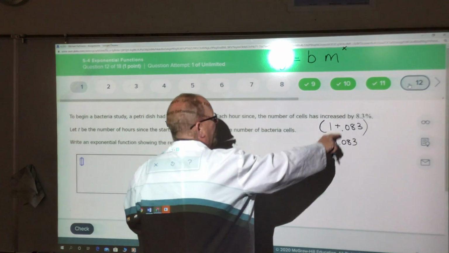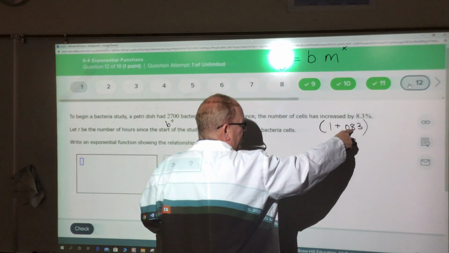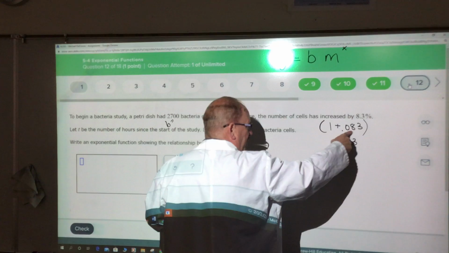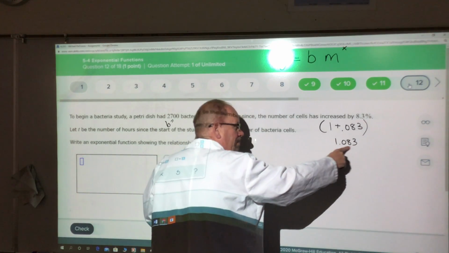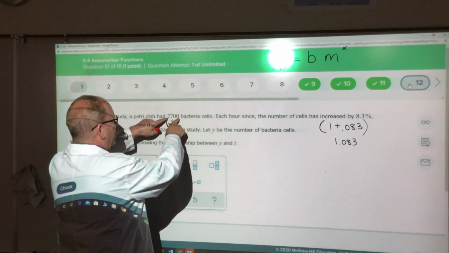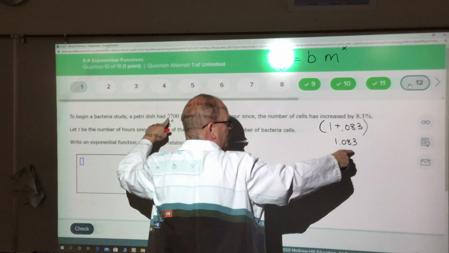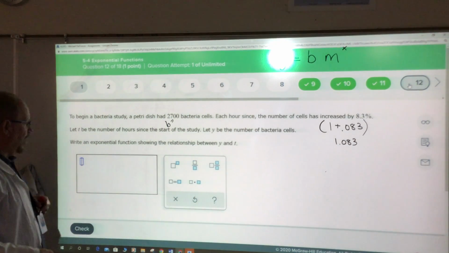That's our M, our multiplying number. The rate is 8.3%, but our multiplying number is 1.083, because we have 1 times as much as we had, and then this much more. That's why we have to add that there.